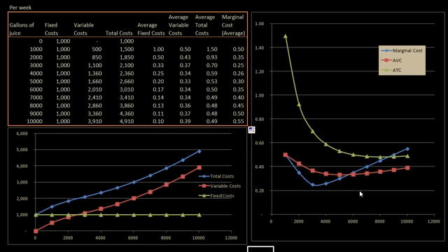Now, let's think about what's happening. Let's look at the marginal cost first, because this is interesting, and it goes in with this narrative that at first, those first oranges that we bought were expensive. We weren't a major producer, but incrementally, as we go from the oranges needed for 1,000 gallons to the oranges needed for 2,000 gallons, all of a sudden our marginal cost went down.